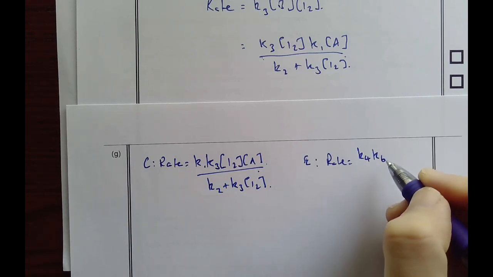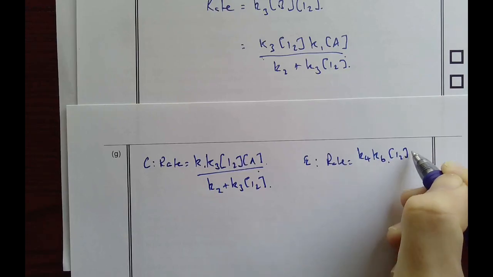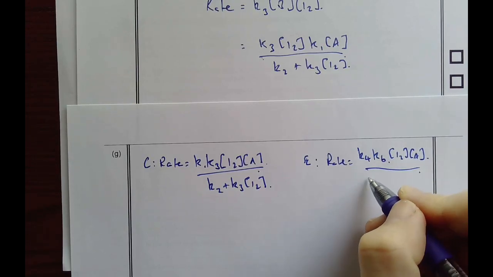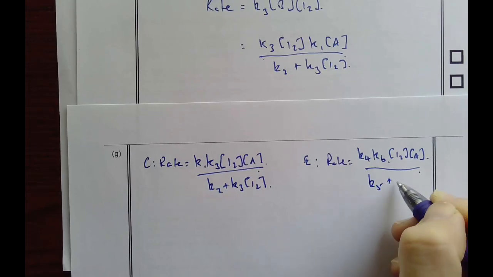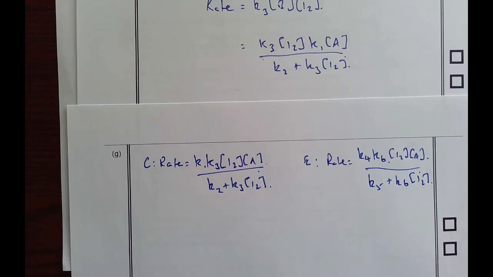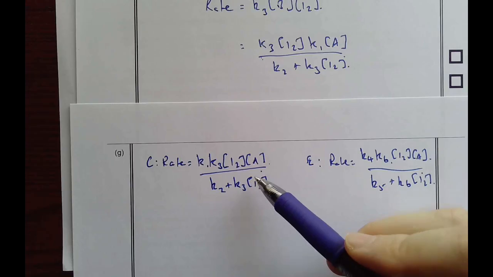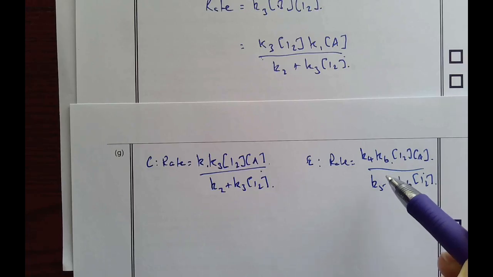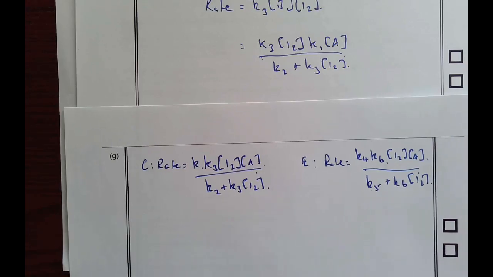Then I have my I2 and my A. And then K2 is now K5. And K3 again is K6. So this is the rate of formation of C at intermediate iodine concentrations. This is the rate of formation of E at intermediate iodine concentrations.